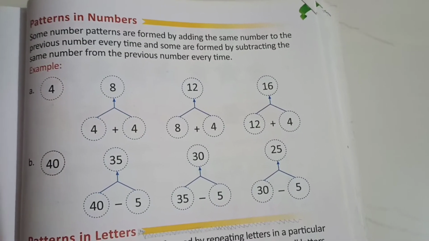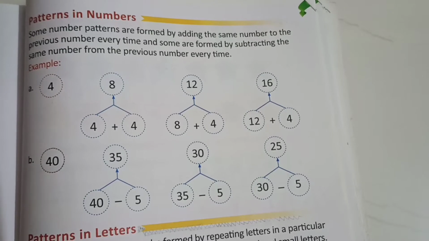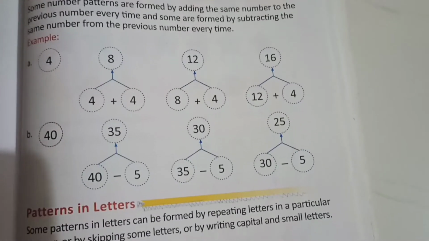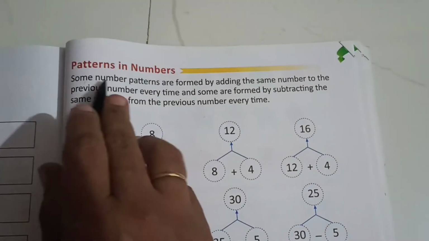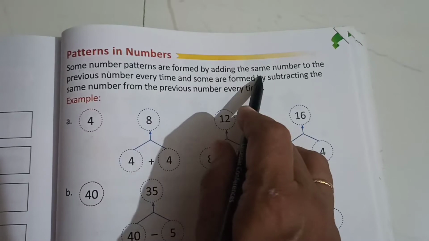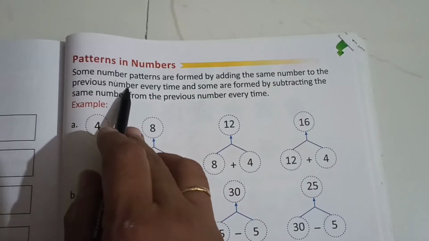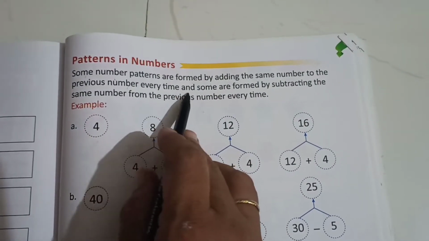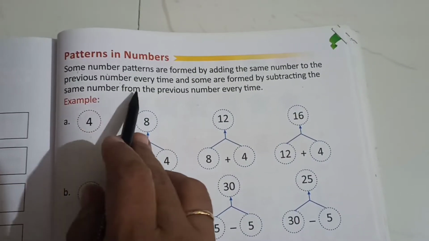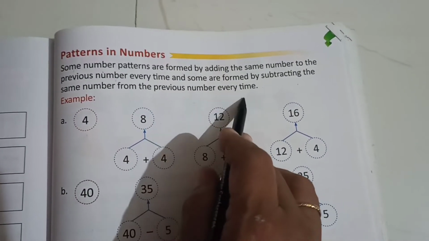In the previous session, we learned about patterns in numbers and patterns in letters. Some number patterns are formed by adding the same number to the previous number every time, and some are formed by subtracting the same number from the previous number every time.